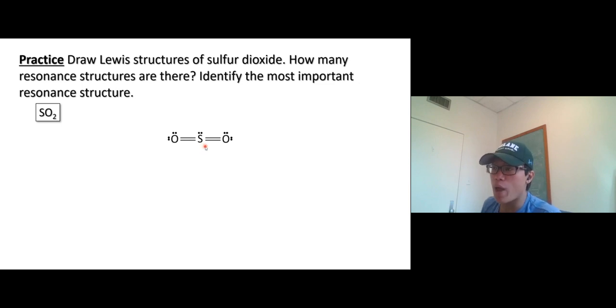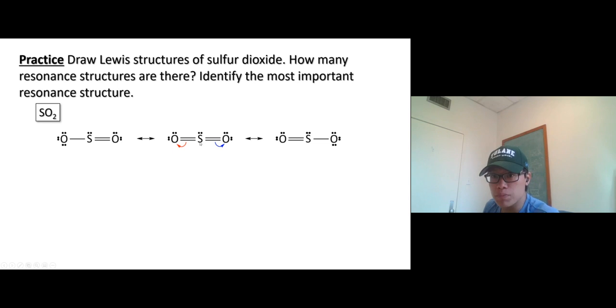If you want to go to 8, we have to remove 2 electrons, or 1 bond, which you can do on the left side or on the right side. But sulfur is in the third row, so sulfur has a d orbital, which means sulfur can be over octet. So we count this structure too. Ultimately, sulfur dioxide has 3 resonance structures.